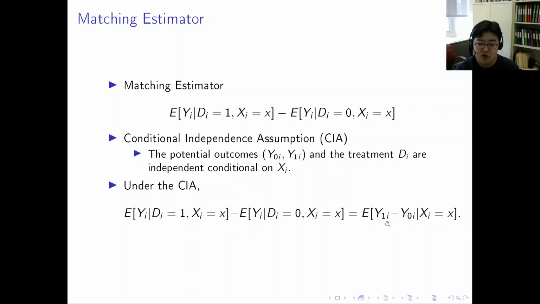But as I said, it is unknown. The potential outcomes y1, y0 are potential. They are latent. They are not directly observable. But under this assumption, we can express these potential outcomes only using observed variables: observed outcome, treatment decision, and observed characteristics.